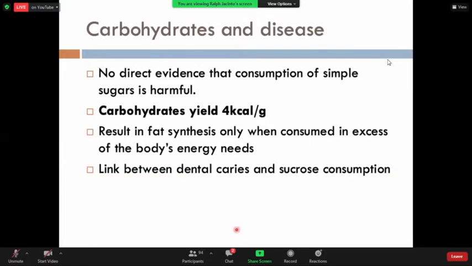Okay. Between the macronutrients I've mentioned, there is actually no direct evidence that will tell us that the consumption of simple sugars, for example glucose per se, is harmful.